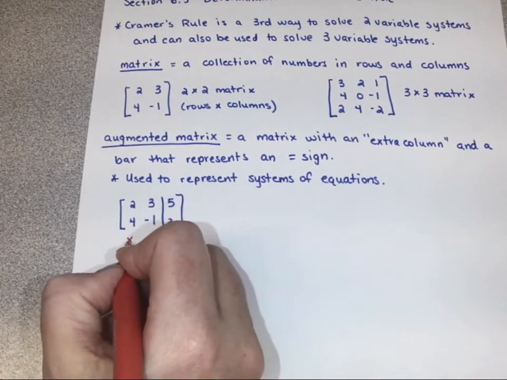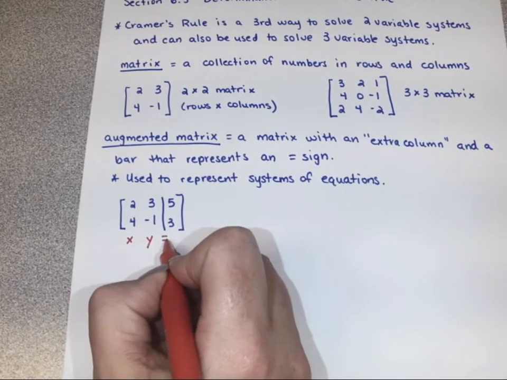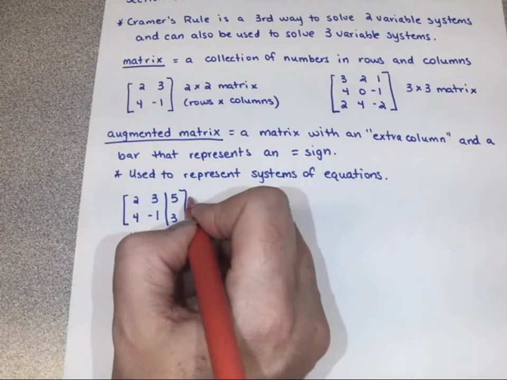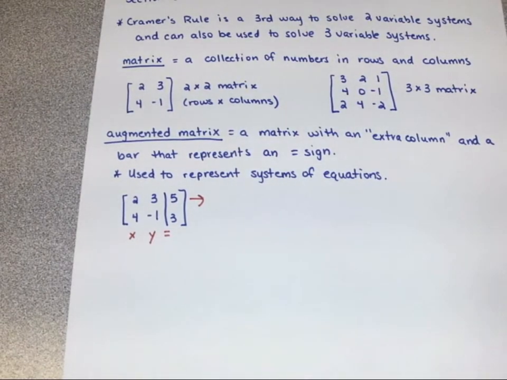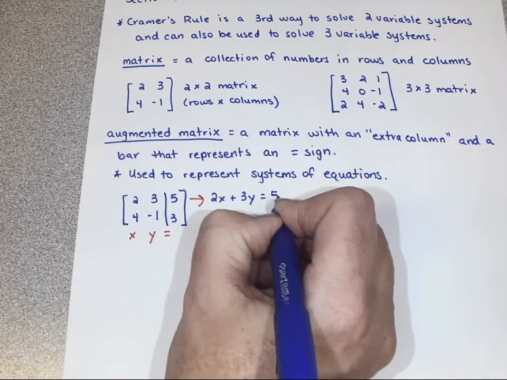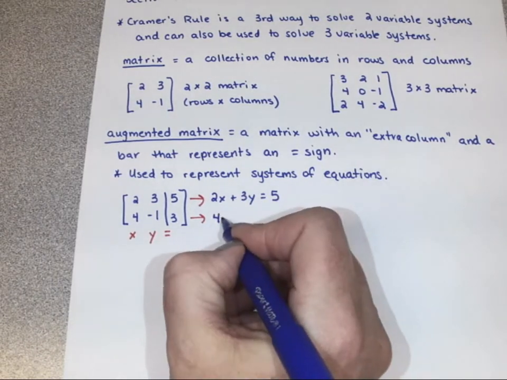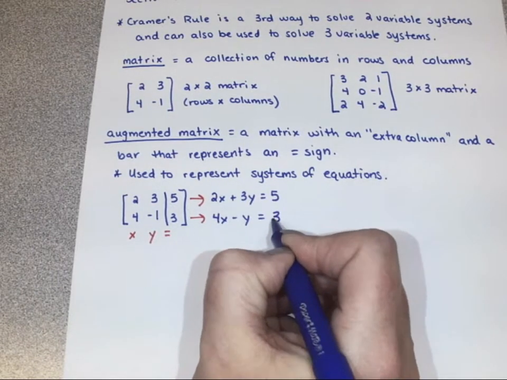So these are your X coefficients, these are your Y coefficients, and this bar means equal. Okay, so this first row could be read as 2x plus 3y equals 5. And this second row could be read as 4x minus y equals 3.